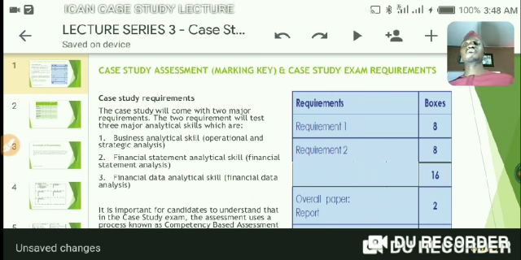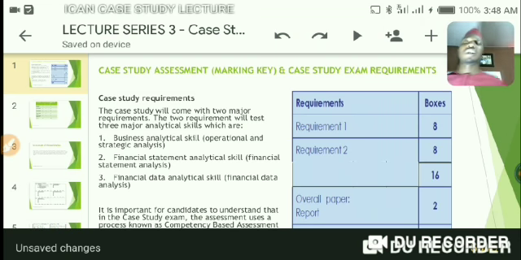I will take you through these skill boxes differently under each of these analytical skills. At the end of the day, you have about 16 skills to demonstrate for you to pass and score good marks under the two requirements.